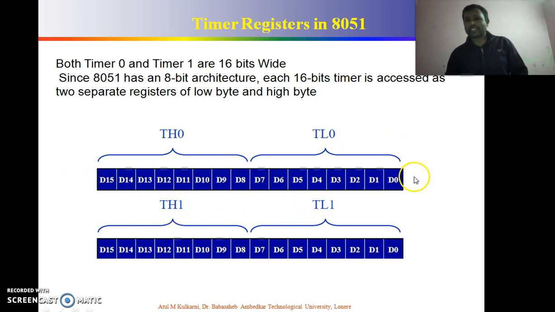These are the 16 bits for timer 0, with the help of TL0 and TH0, and these are the 16 bits for timer 1, with the help of TL1 and TH1 registers. So the 8051 provides 2 timers, timer 0 and timer 1. Related to timer 0, 2 registers are there, TL0, TH0, and related to timer 1, 2 registers are there, TL1, TH1.